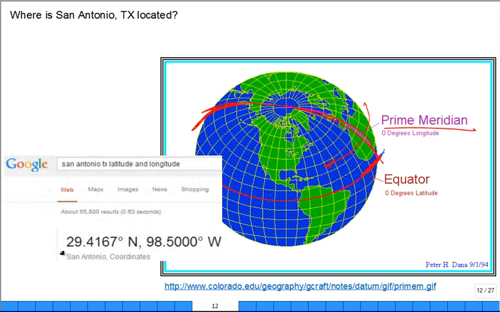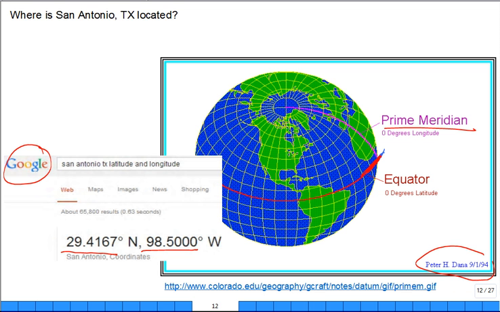And here is San Antonio. I went to a trustworthy source to get the latitude and the longitude. So it's almost 30 degrees north and almost 100 degrees west. And on this plot, which is really good, you can read it.